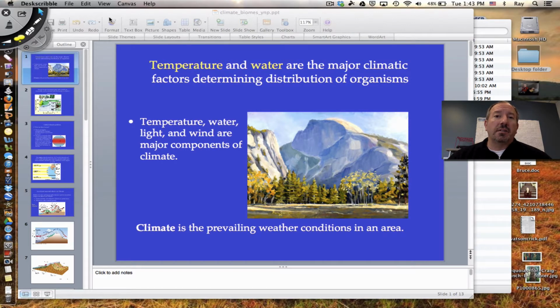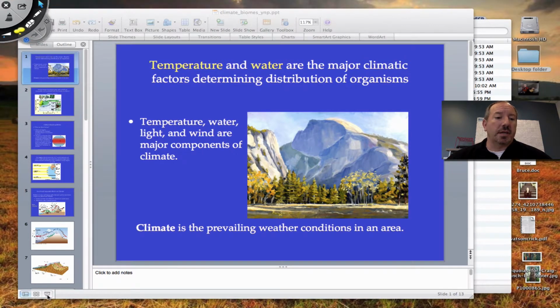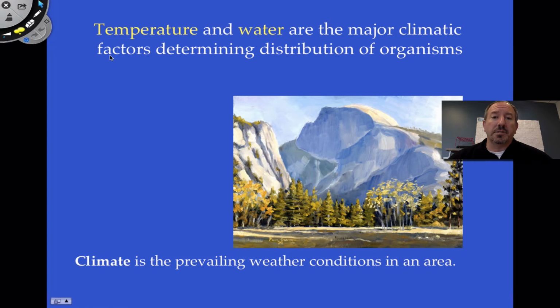And not only that, but climate will determine the physical nature of a particular area of the ecosystem, and therefore it'll determine what types of plants can live there, and therefore what types of animals will live there. And so it's actually a rather important topic. And so let's jump right into this conversation.